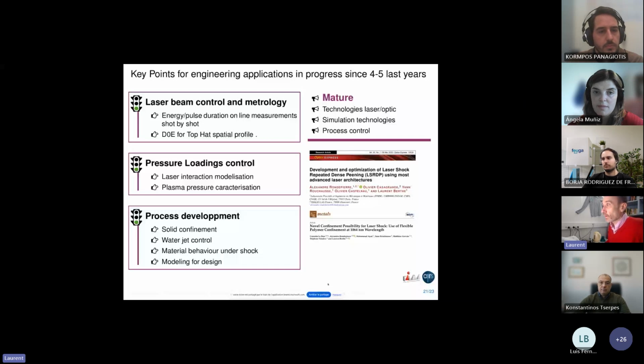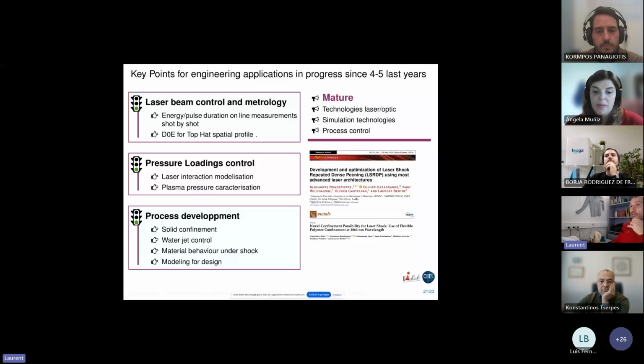We have made much progress in all areas, and I think it is ready to think about implementing the technique for industrial applications. We can see in these papers and examples, not for laser dismantling but for laser shock peening, the latest developments for process development and future implementations.